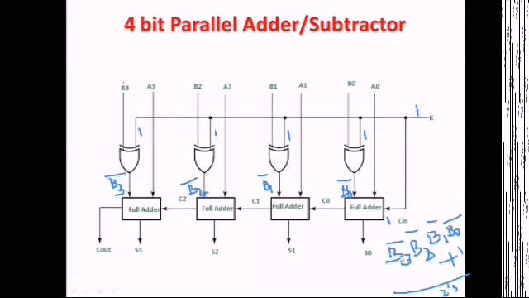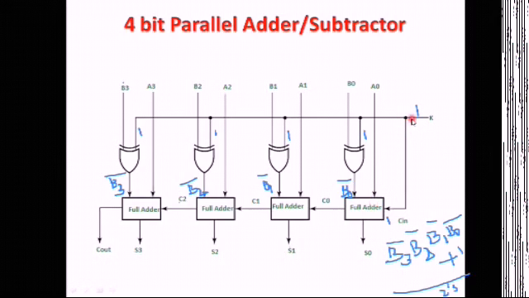That is, all the inverters convert B0 to B0 bar, B1 to B1 bar, B2 to B2 bar and B3 to B3 bar, and then plus 1 with the least significant bit. So when we are doing the plus 1 with the least significant bit, it becomes the 2's complement of the number. So it is nothing but again addition.